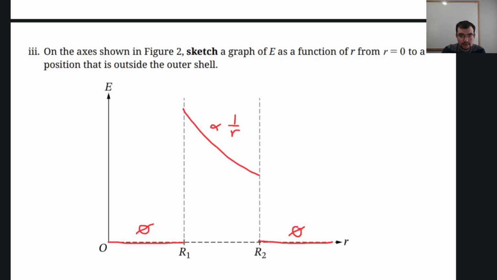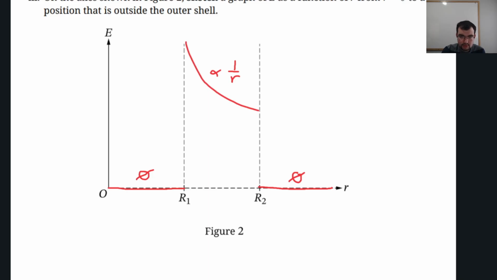And technically, this would be approaching infinity on this side, but close enough. So maybe I might make that even a bit better here. Something like this. In the real world, these conductors do have thickness, so it would be a bit different looking graph, but that's what we're going for here.